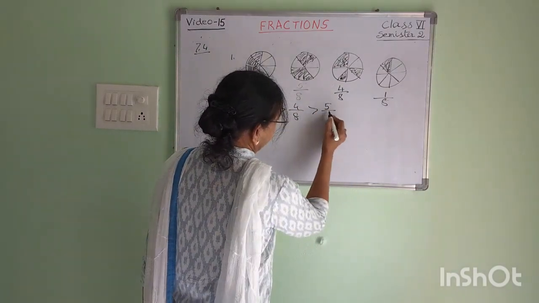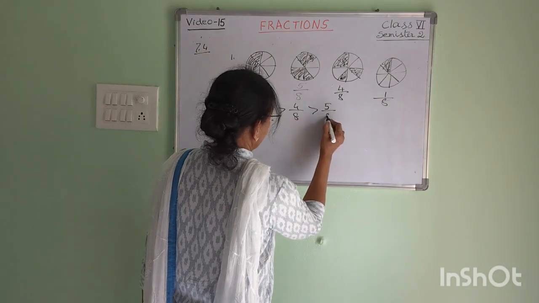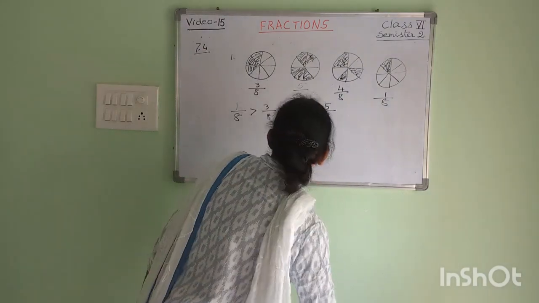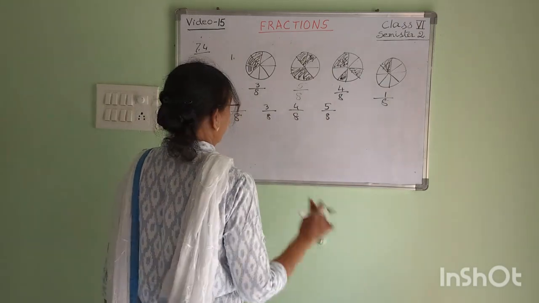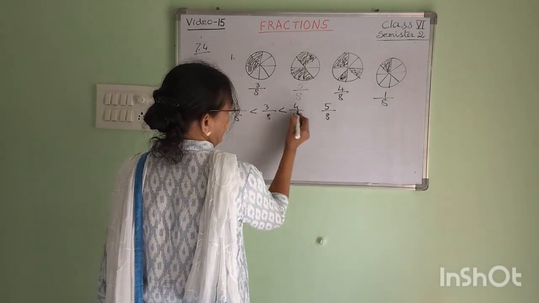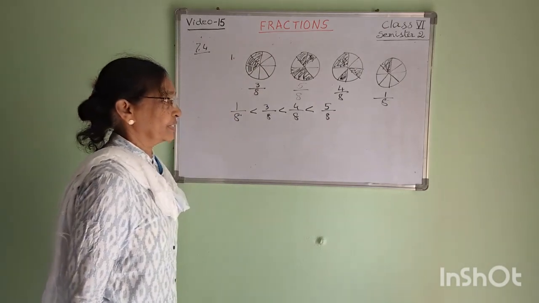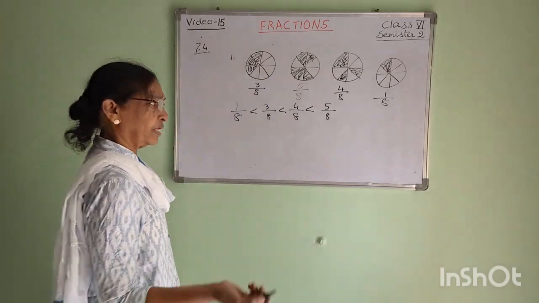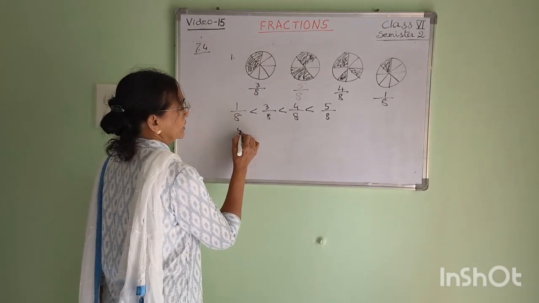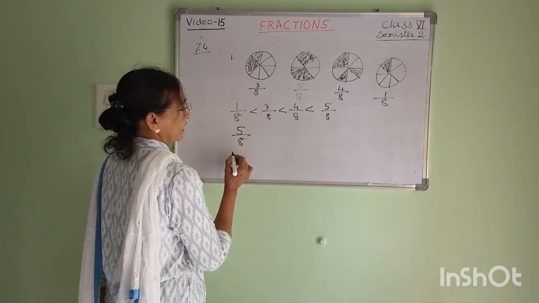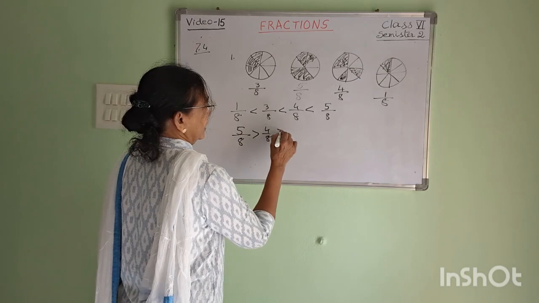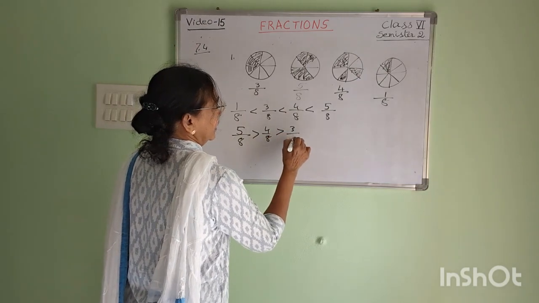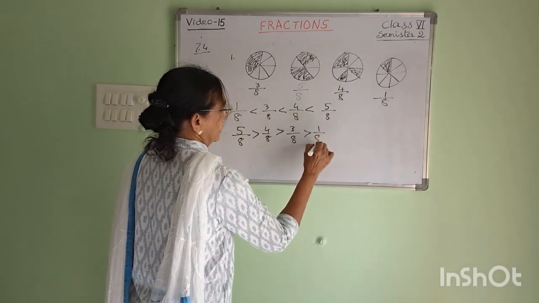For increasing order, we put the signs: 1 by 8 is less than 3 by 8 is less than 4 by 8 is less than 5 by 8. Similarly, if we want to write decreasing order, 5 by 8 is the greatest, next 4 by 8, greater than 3 by 8, greater than 1 by 8.